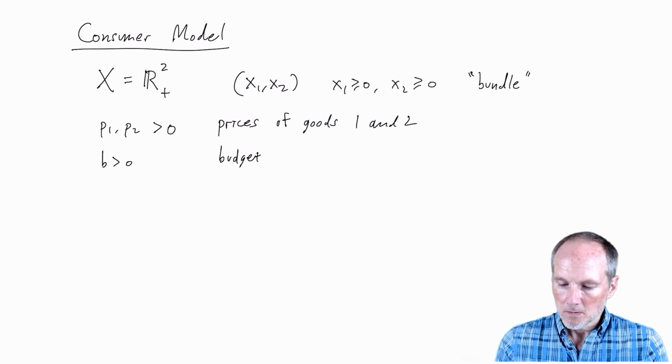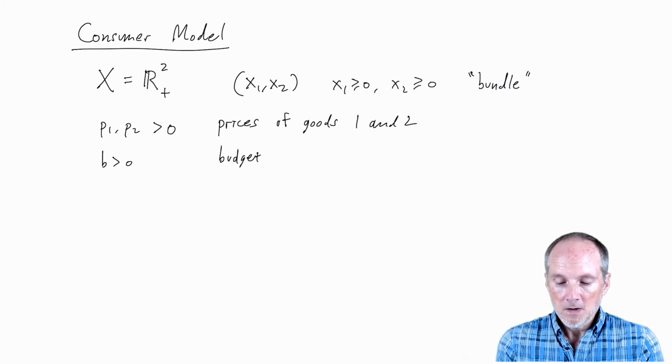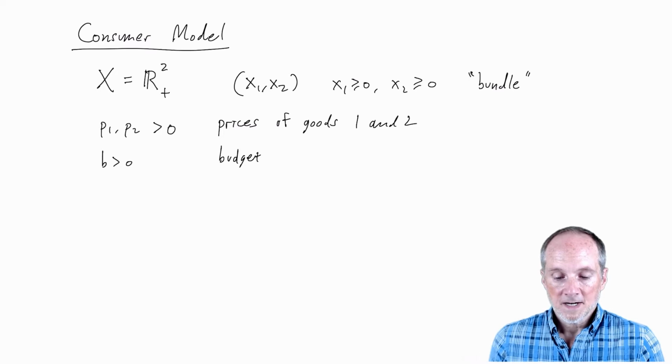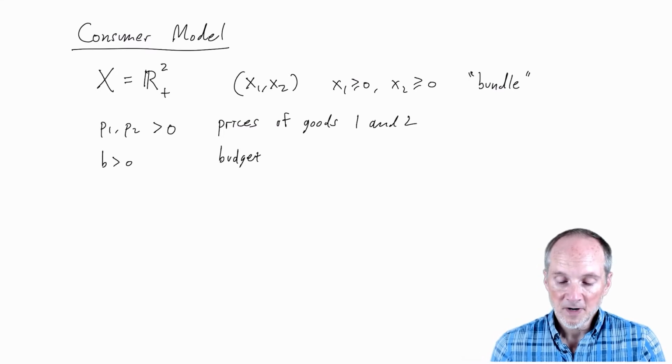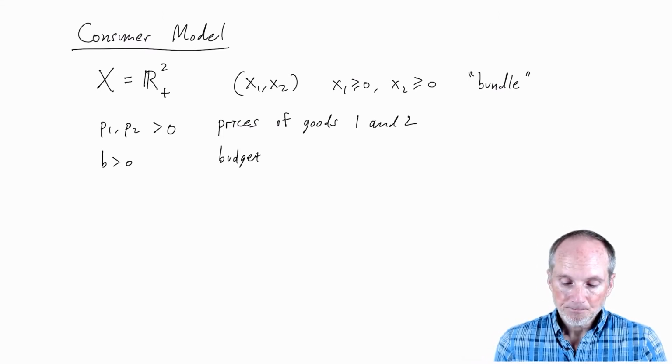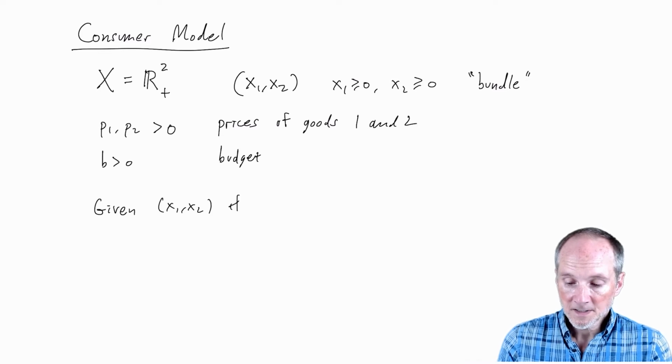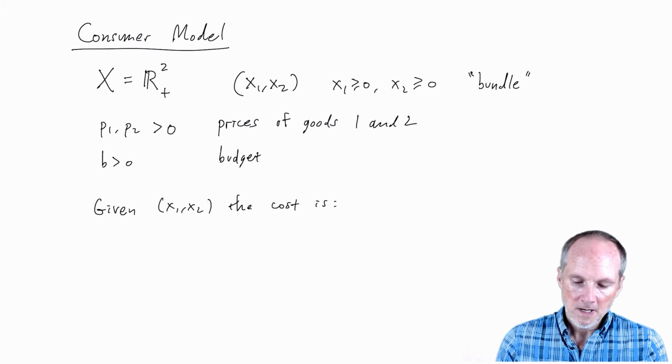That said, now let's think about what's actually attainable for the consumer before we talk about preferences. So given a bundle (x1, x2), the cost of that bundle is the following.